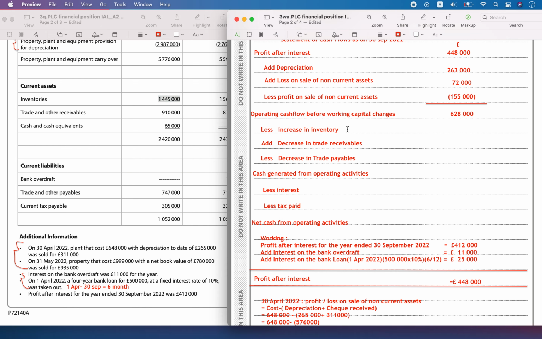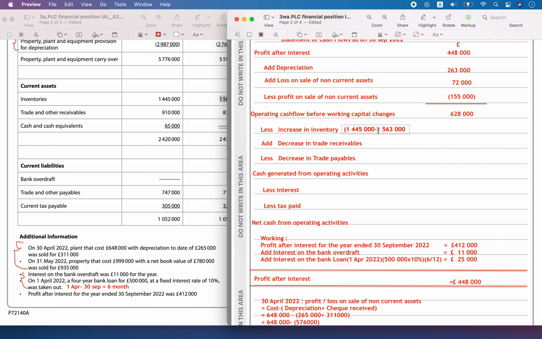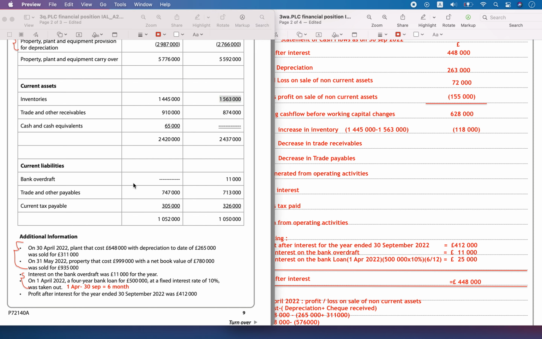So 1,445 minus 1,563,000 is 118,000. An increase in inventory we have to subtract, so 118,000.